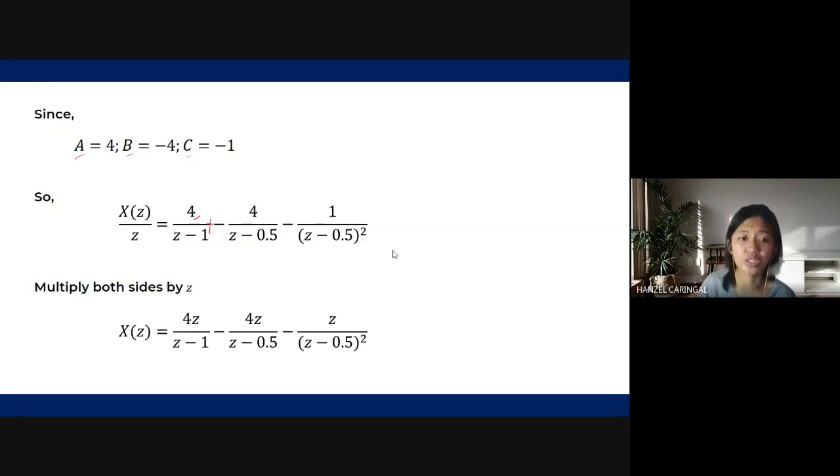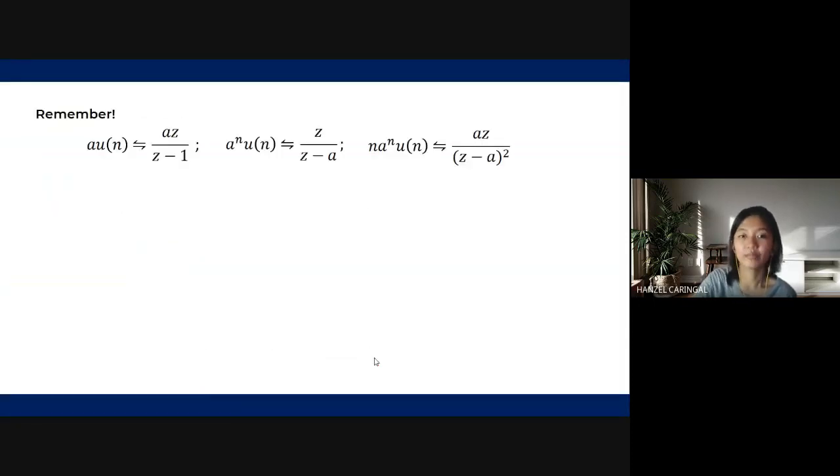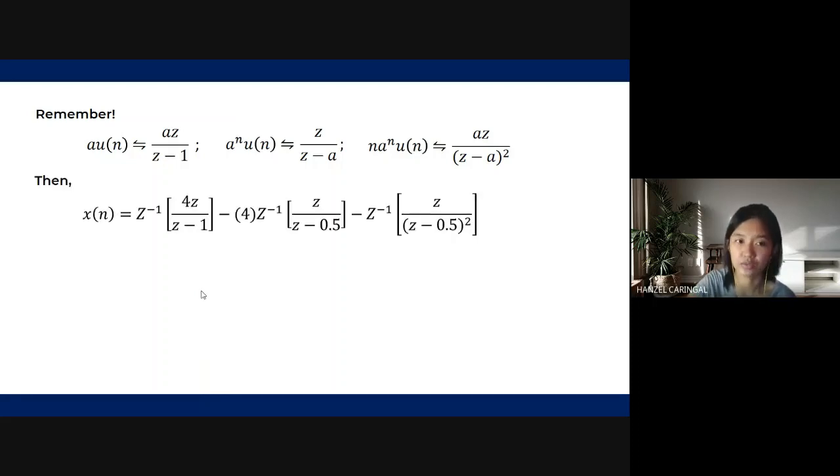Next, multiply both sides by z to remove the z in the denominator. So we have 4z over z minus 1 minus 4z over z minus 0.5 minus z over the quantity z minus 0.5 squared. Now we have z in the numerator again, so we can proceed to the inverse z transform.